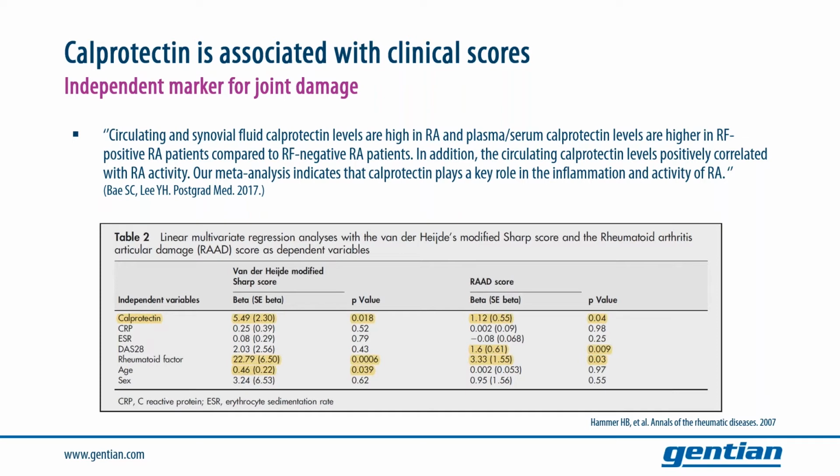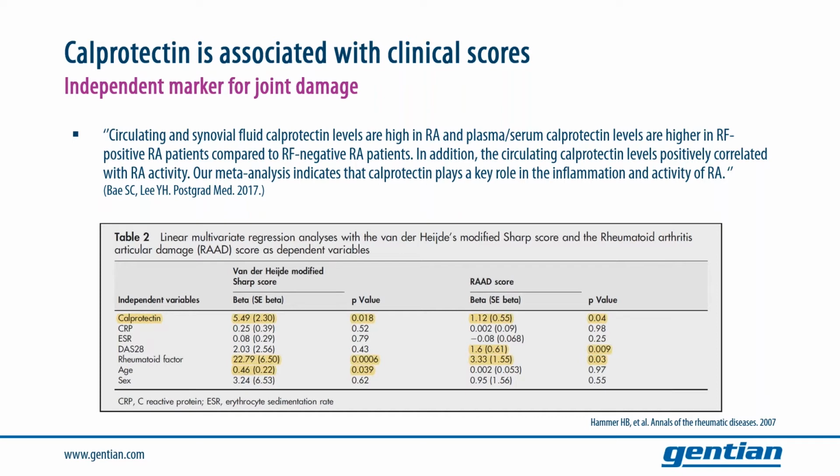I want to highlight the meta-analysis from Bay and colleagues in 2017 that analyzed 16 studies, including over 800 RA patients, and evaluated the relationship between calprotectin levels and rheumatoid arthritis, and the correlation between plasma serum calprotectin and RA activity.